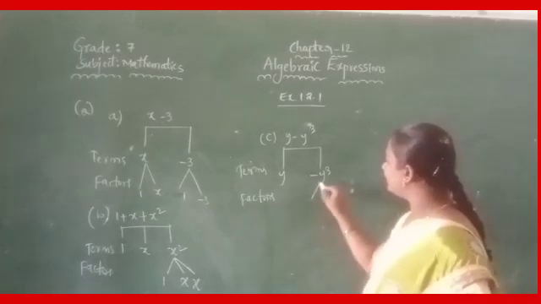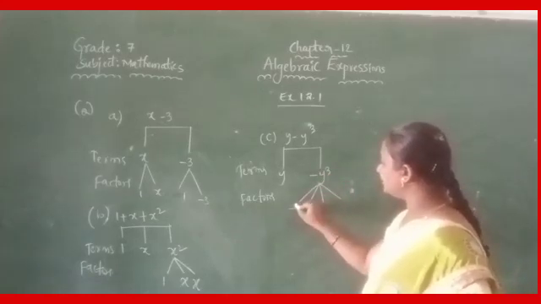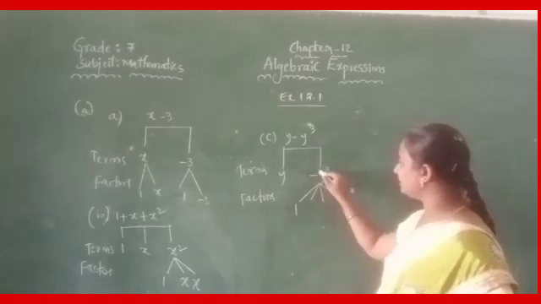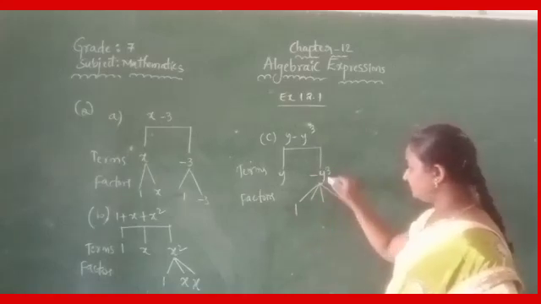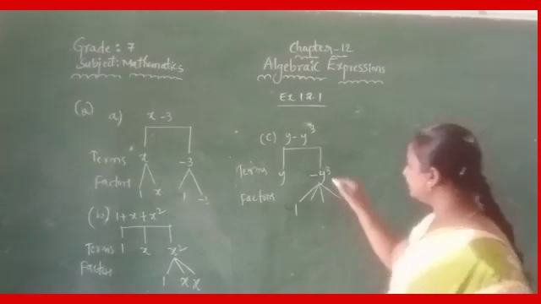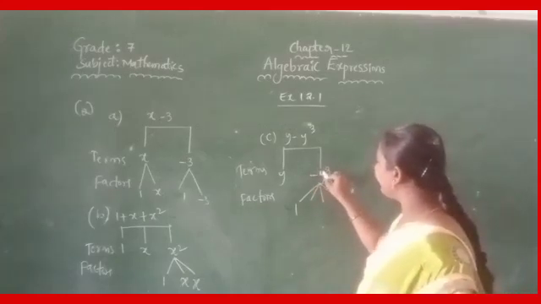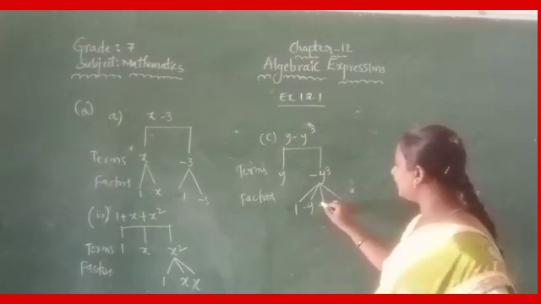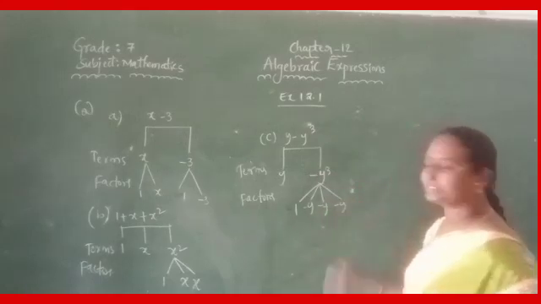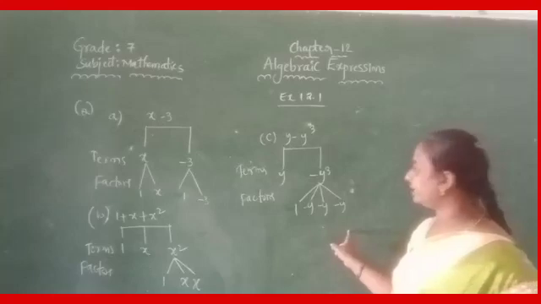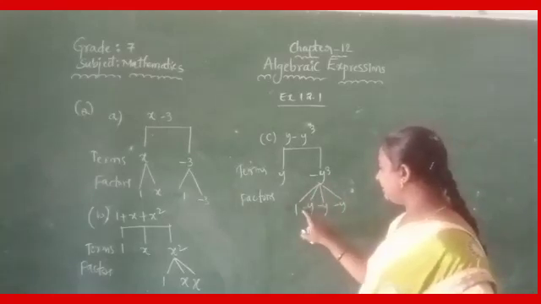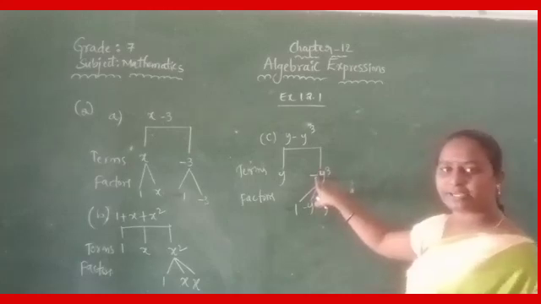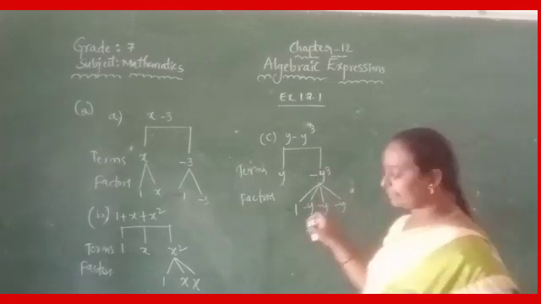So the coefficient is minus 1, or you can take 1 as the coefficient. Here y cube means y is multiplied 3 times: minus y, minus y, minus y. Like this you can also write the factors: minus y into minus y into minus y is equal to minus y cube, or not? Yes. So these are the factors.